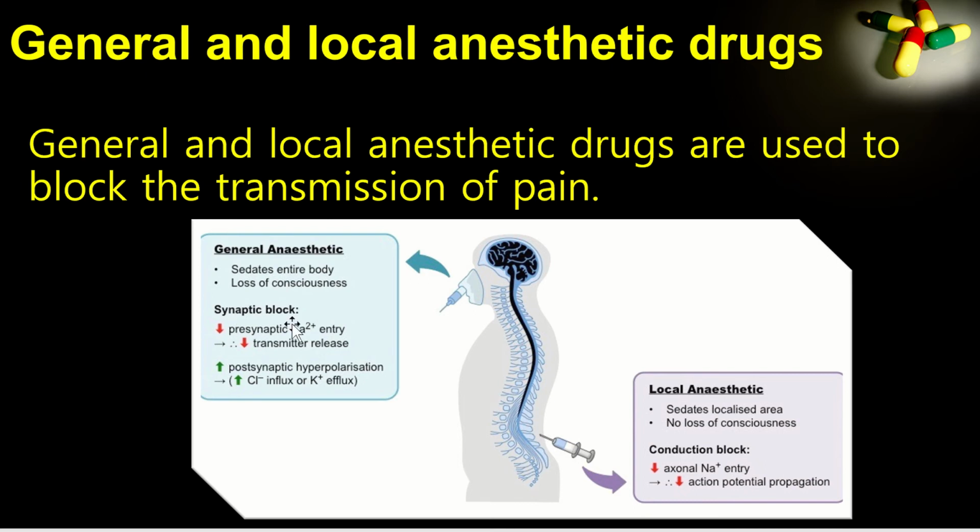And so for the synaptic block, you have a decrease in the presynaptic calcium entry, and that therefore causes a decrease in the transmitter release. And there's also an increase in the postsynaptic hyperpolarization, and that's caused by an increase in the influx of chloride ions or the efflux of potassium ions.